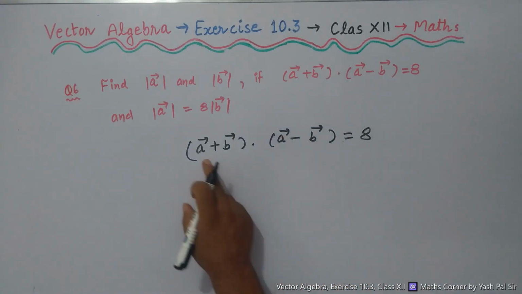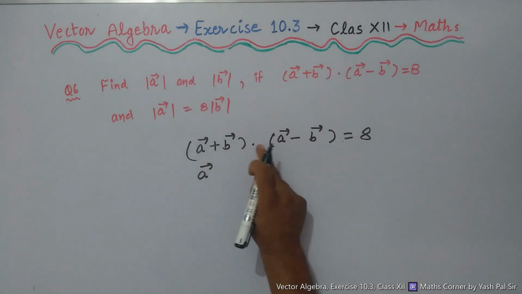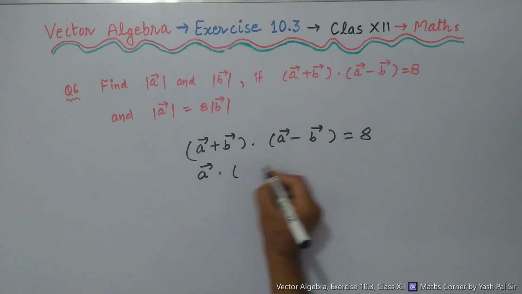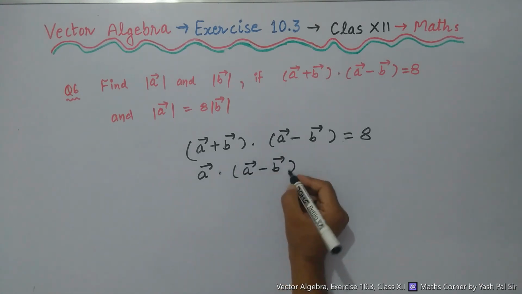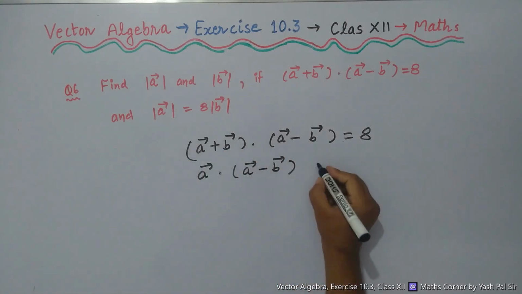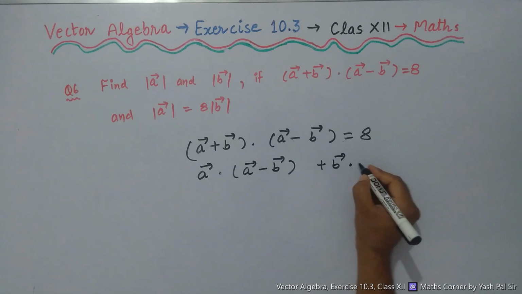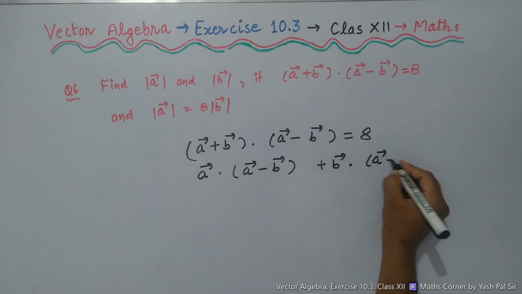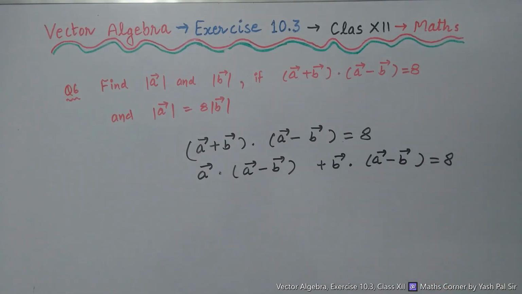So how to multiply them? First we have A vector dot second bracket vector A minus vector B, second time plus B vector dot A vector minus vector B is equal to 8.